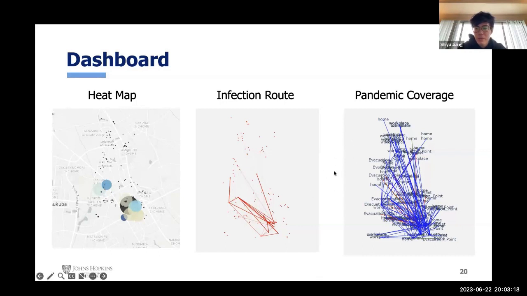And we have the pandemic coverage. So basically you can see there are 3 colors of lines: blue, green, and red. Because this is interactive, we can simply select one color. They represent 3 stages of the infection events happening in this area: pre-evacuation, during evacuation, and after evacuation.